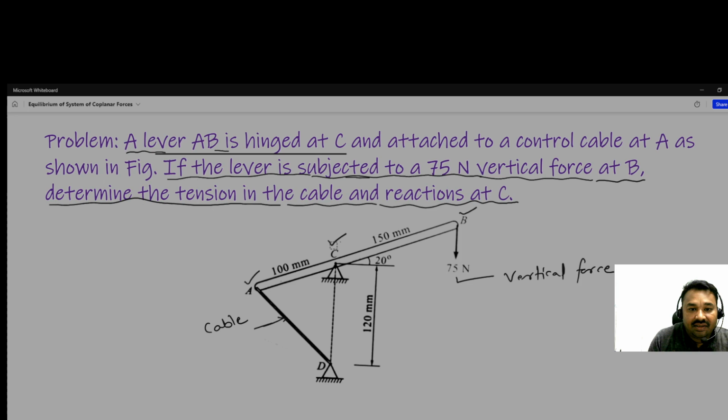So at C here, the support is a hinge support.